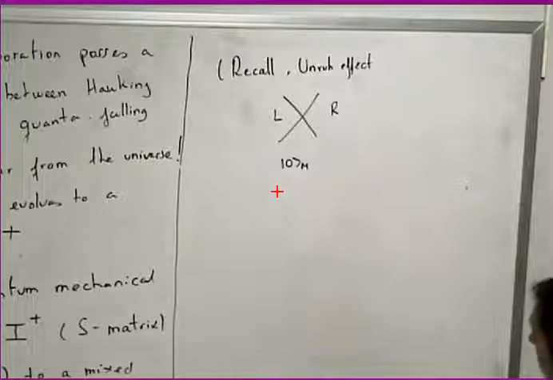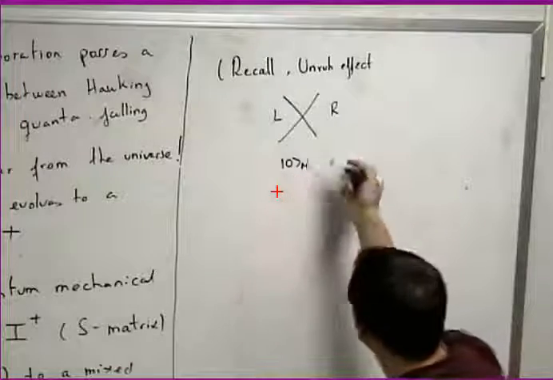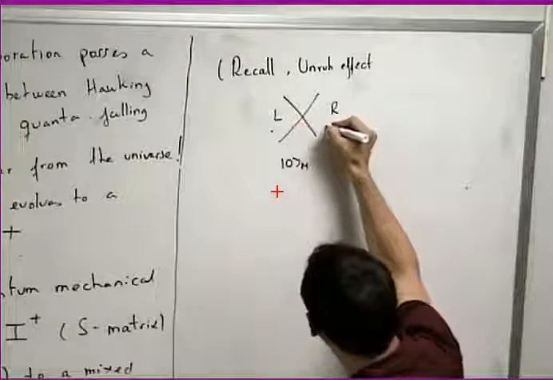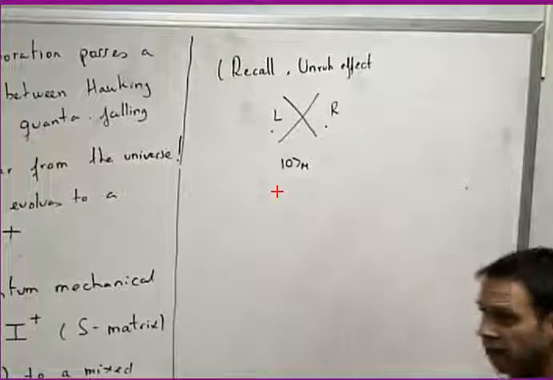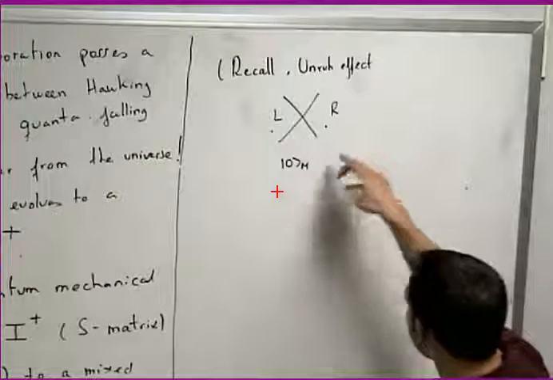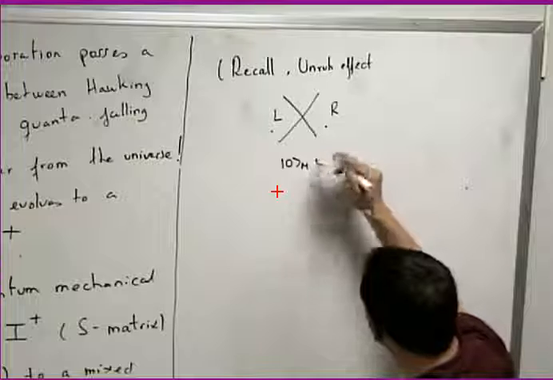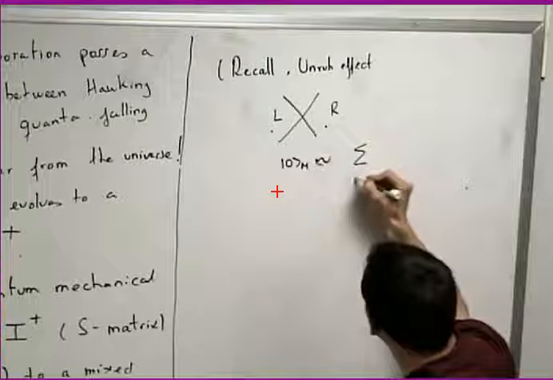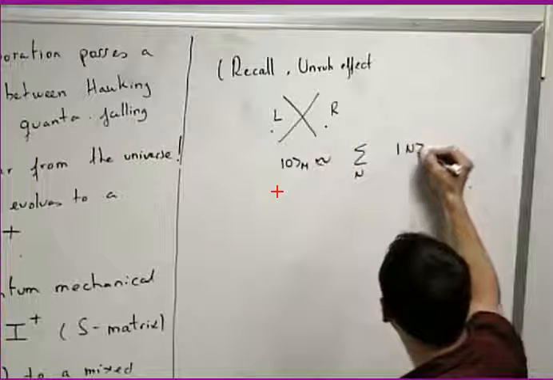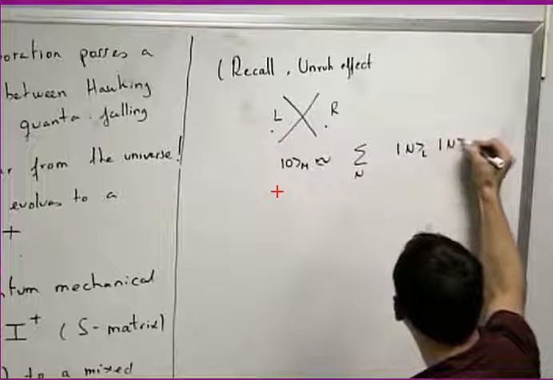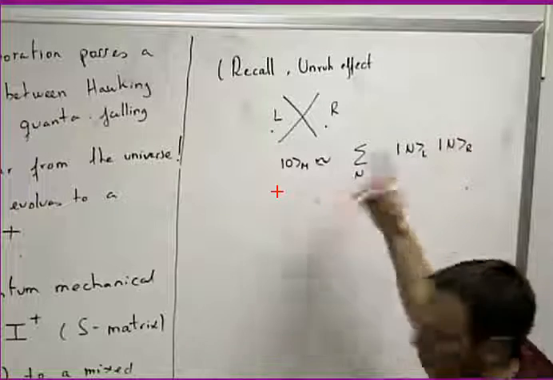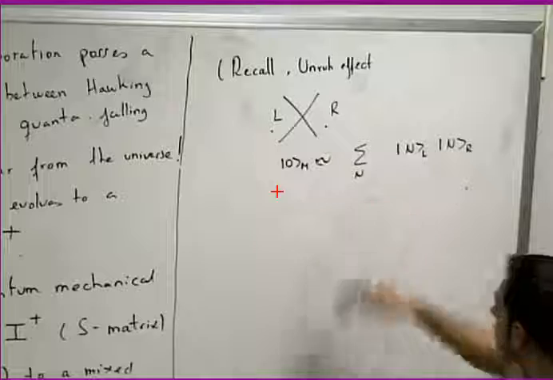And we found that the Minkowski vacuum is made of correlations between points in the right and left Rindler wedges. The Minkowski vacuum can be written as, remember, a sum over n of a state with n quanta in the left Rindler wedge and n quanta in the right Rindler wedge. That was the Minkowski vacuum.